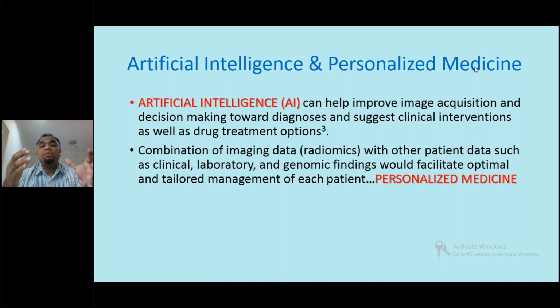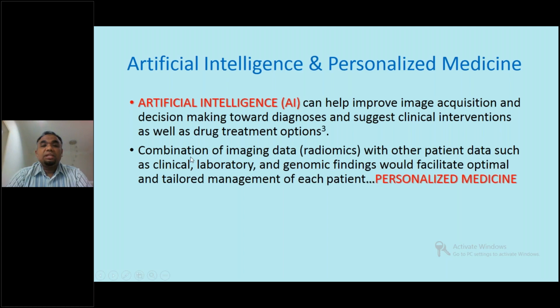With the help of artificial intelligence, we can have the diagnosis earlier, so we can give prior treatment to the patient. In that sense, at the end of the day, we can give a better prognosis, and the patient can survive the disease.